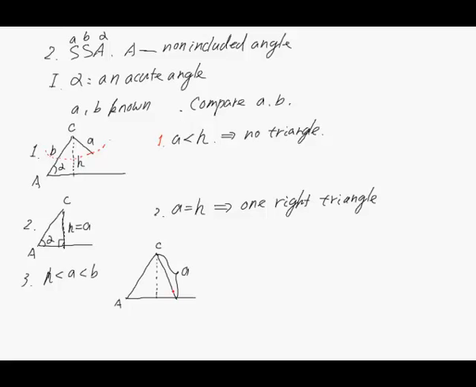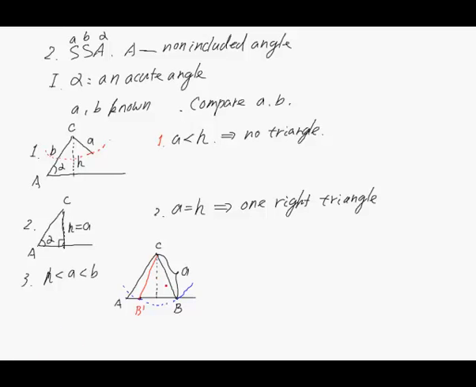One is here. Let me call this B. Another point is here. Let me use another color. And let me call this B prime. So actually, if you use the C as center and the A as radius, you draw a circle, and the circle will touch this bottom line at these 2 points. It's like this, okay? Because here this A is bigger than this H.